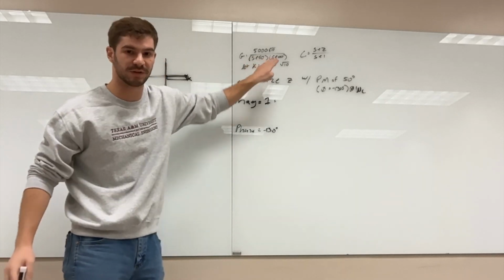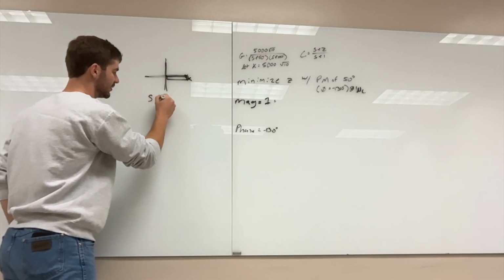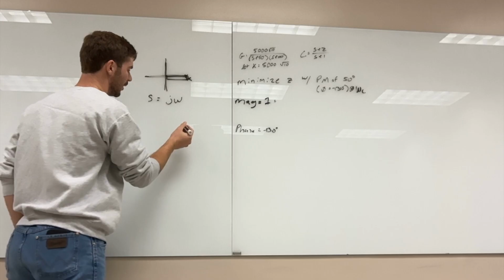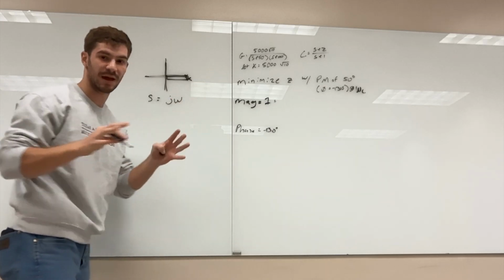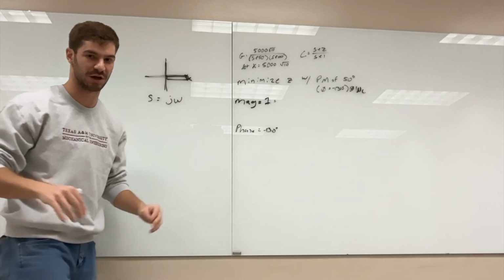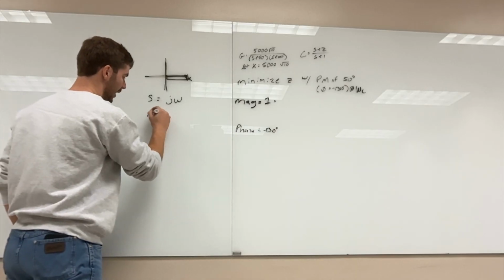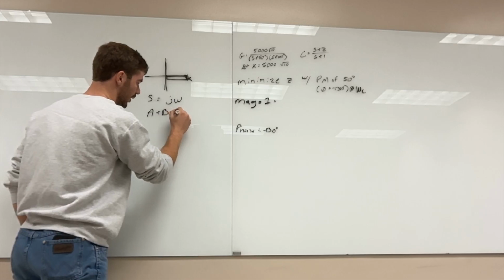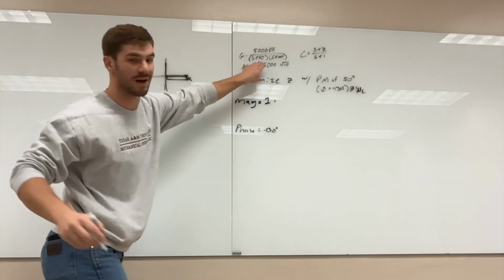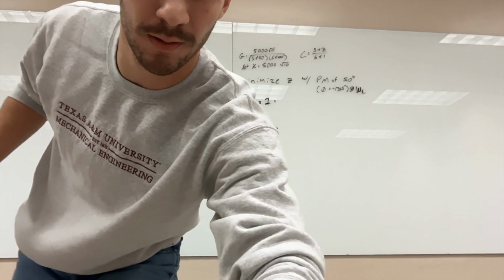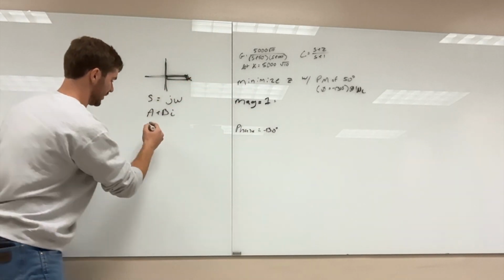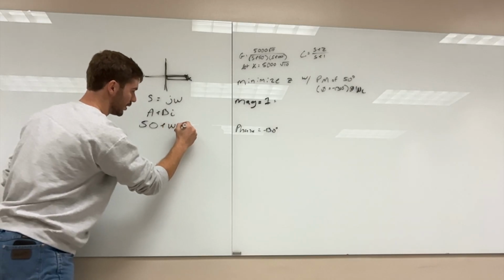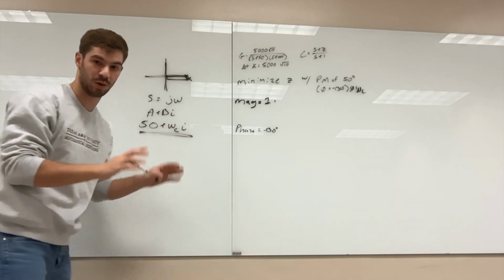But for s plus 50, don't forget, s is equal to j omega. So that can be represented like any other imaginary number, a plus bi. When you do s plus 50, what you're really saying is 50 plus omega crossover i.